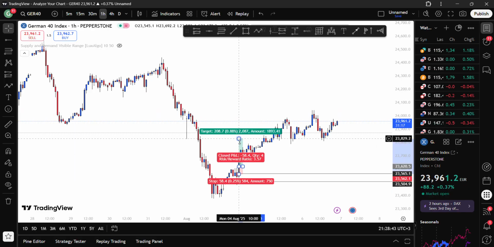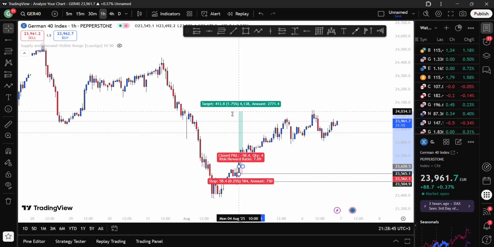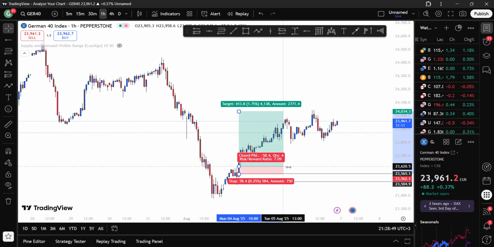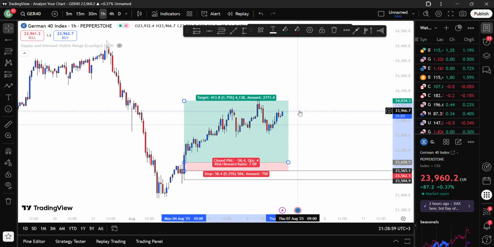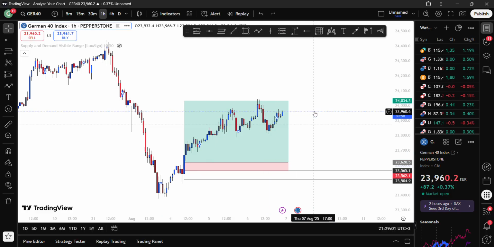So if we target that and let it play out, you can see our risk reward ratio of 1 to 7.09. If you risk a good amount of capital, you get hit, and it's a good one.